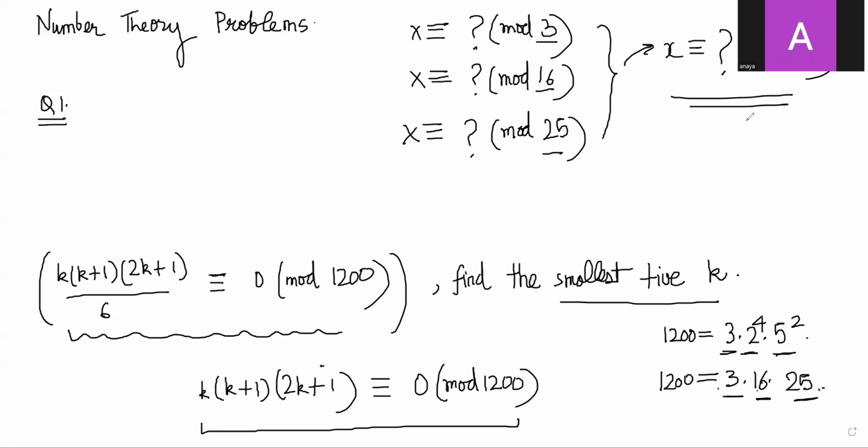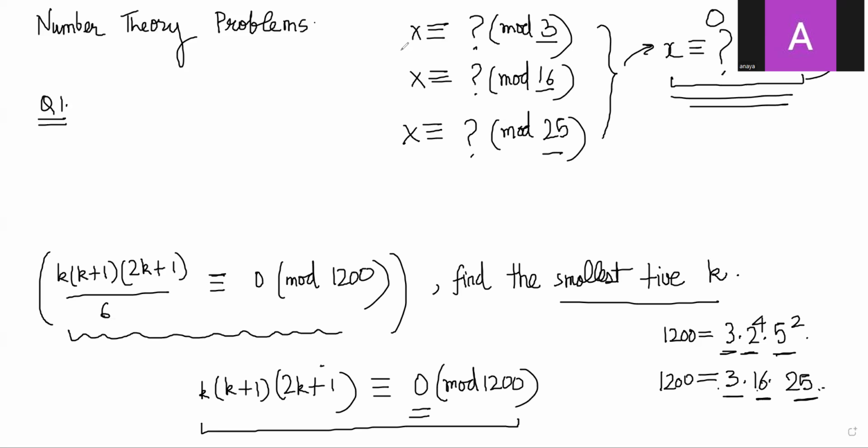So here we already know that it is congruent to 0 mod 1200. So what you should think is the reverse of it. We know the product is coming from the Chinese remainder theorem.